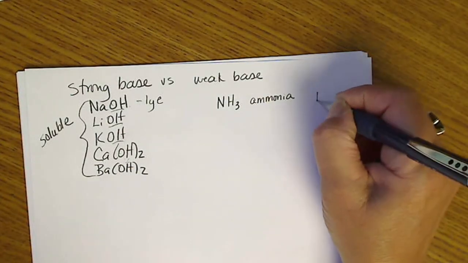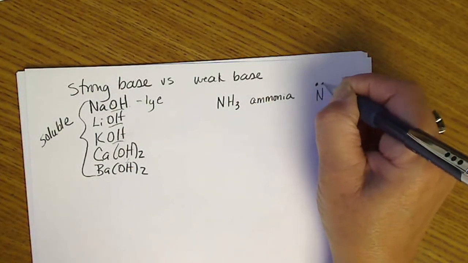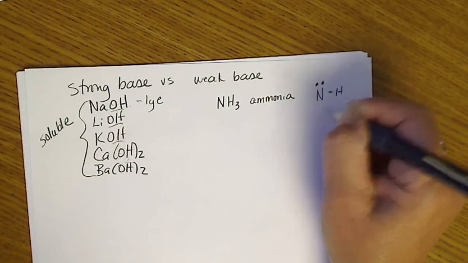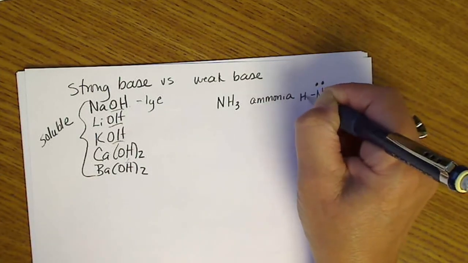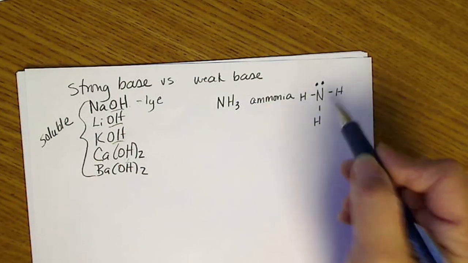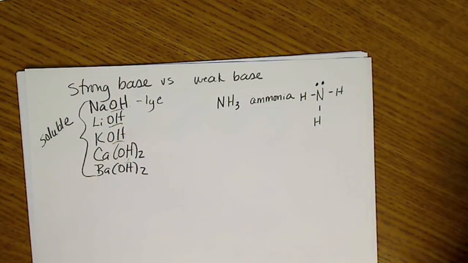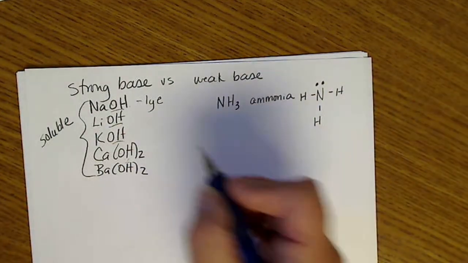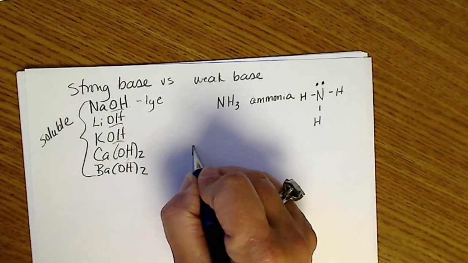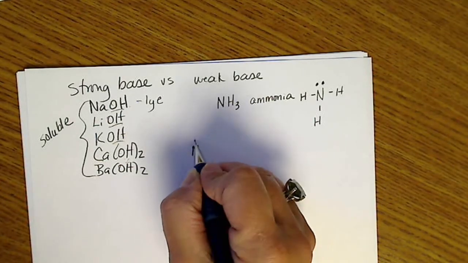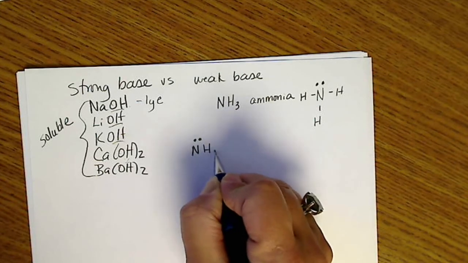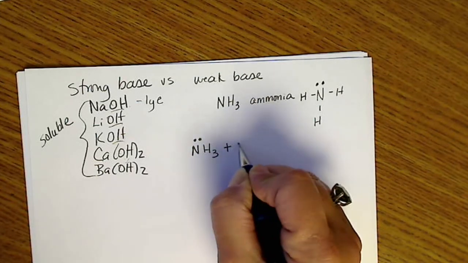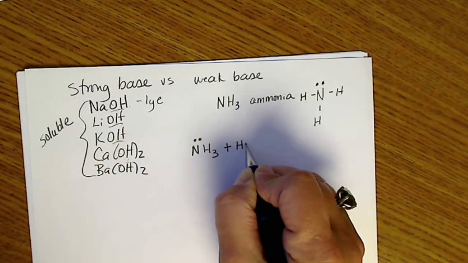But what makes this a good base is the fact that it's got this lone pair on the nitrogen. And what that's going to do is this lone pair will actually react with a water molecule and leave behind an OH minus. So even though there is no hydroxide in the formula, we're going to see that it's going to react with water and make hydroxide.